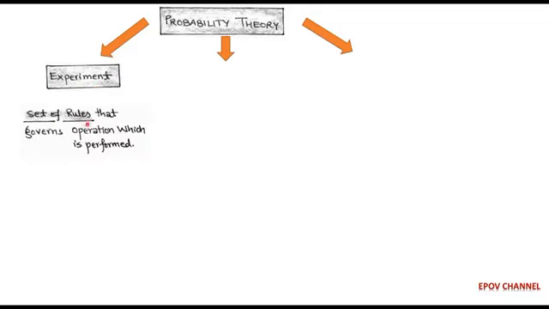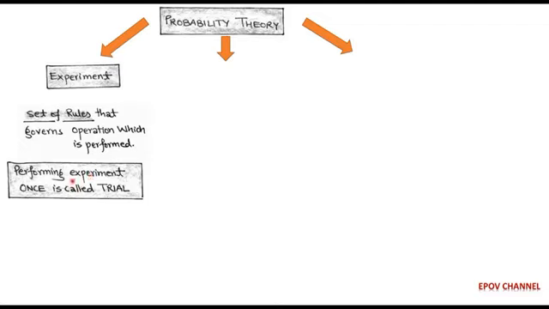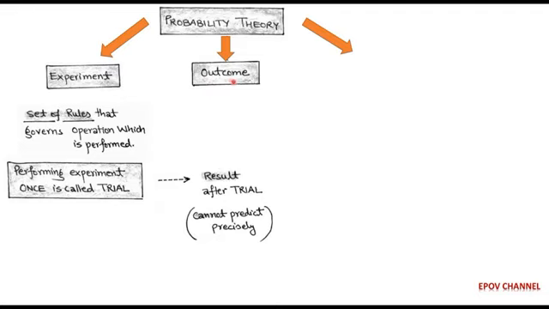An experiment is a set of rules that control the operation which is to be performed. And when the experiment is performed one time, it is called a trial. Now, after a trial, we get some results which cannot be predicted very precisely, and these results are called the outcome of an experiment.